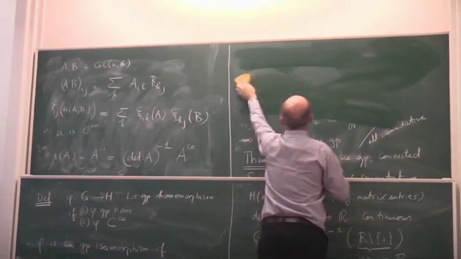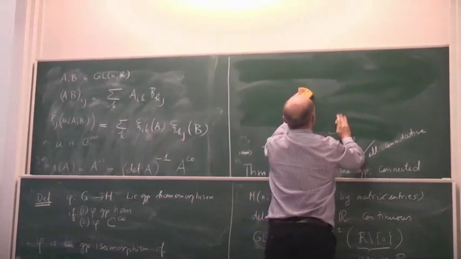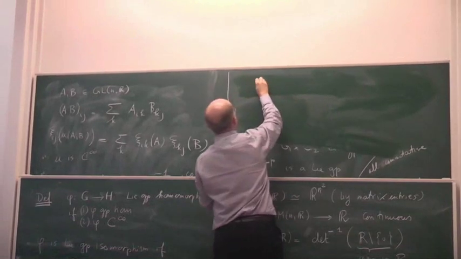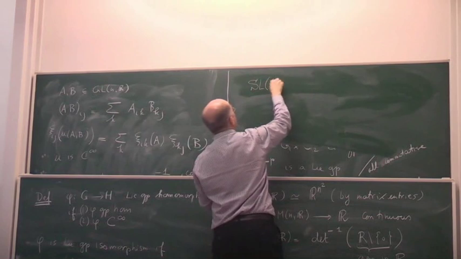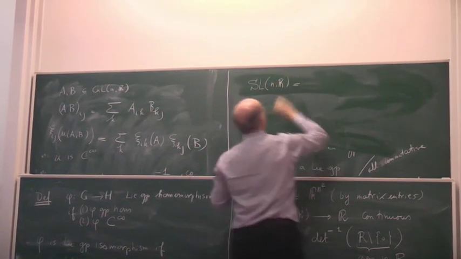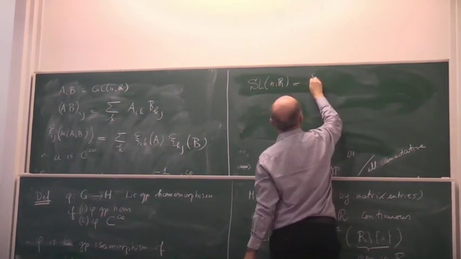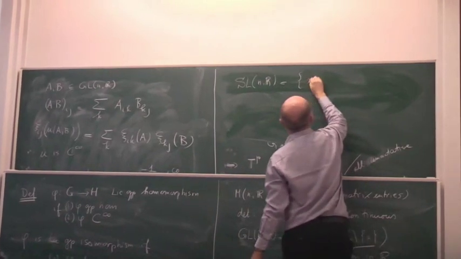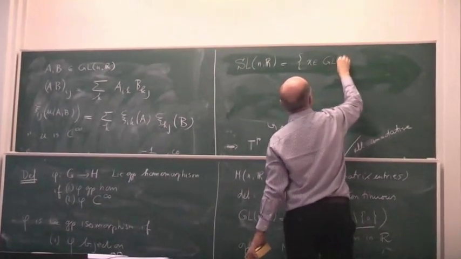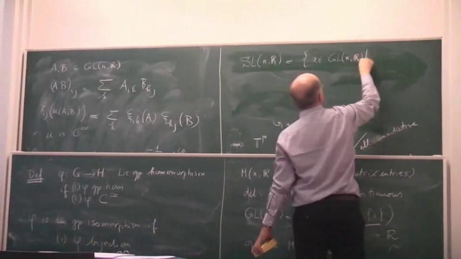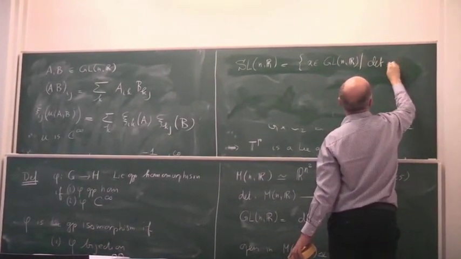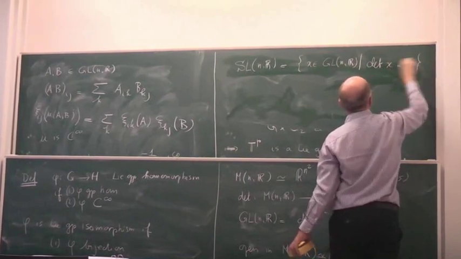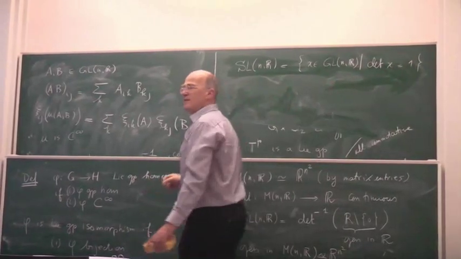So I now want to address the group SL(n,R), which is the group of invertible matrices with determinant equal to 1. My claim is this is a Lie group.